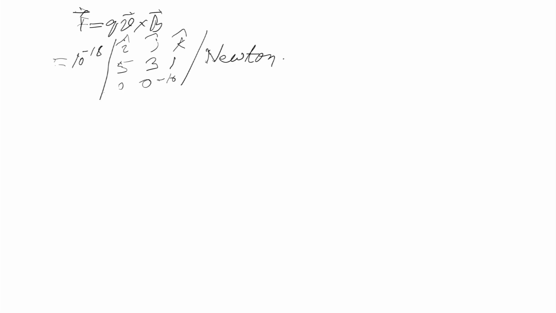If I evaluate this determinant, then this is equal to 10 to the minus 18 times minus 30 i plus 50 j, and its z component is 0.